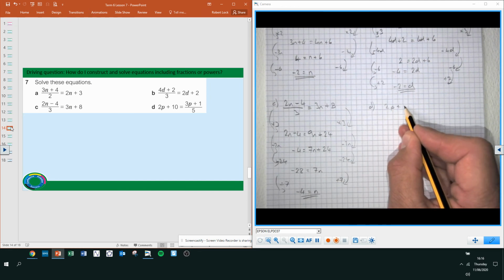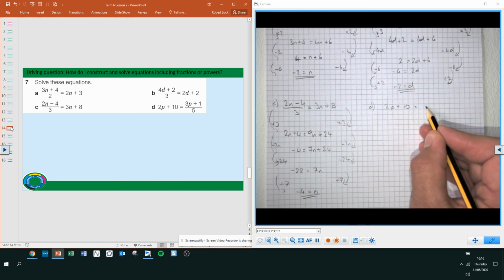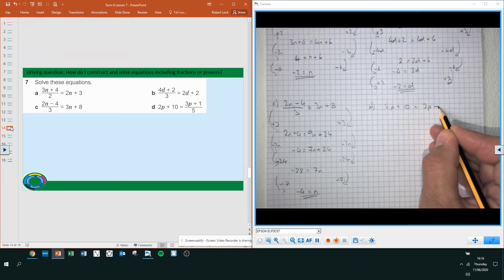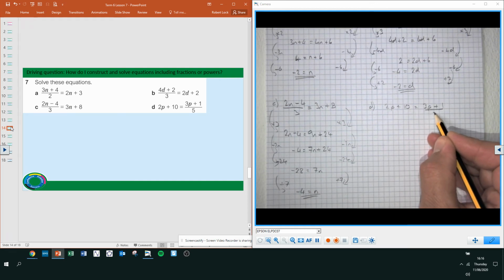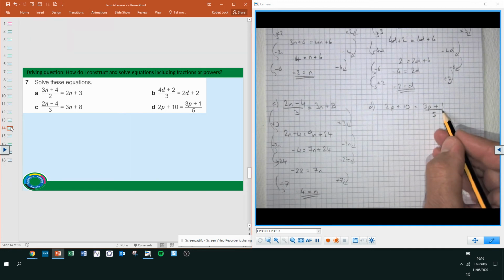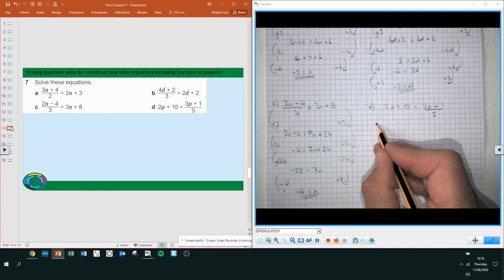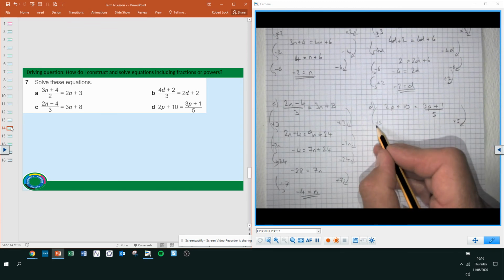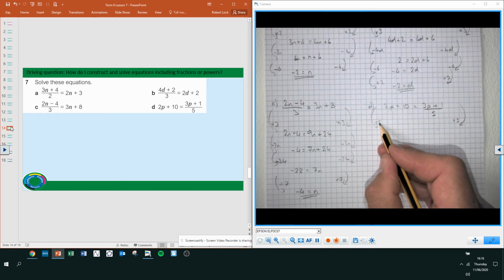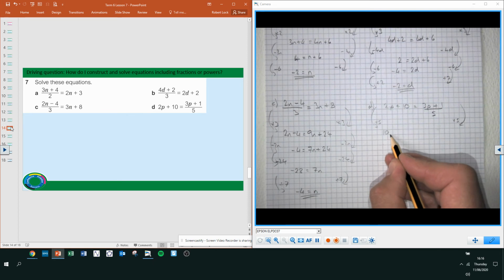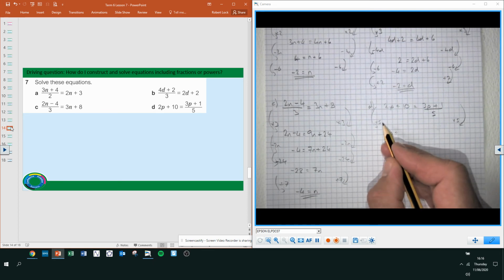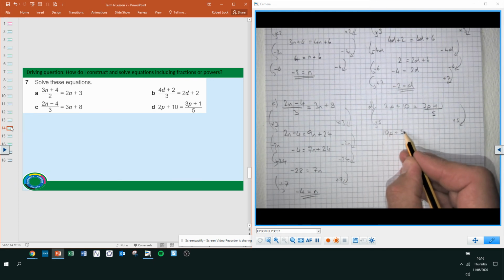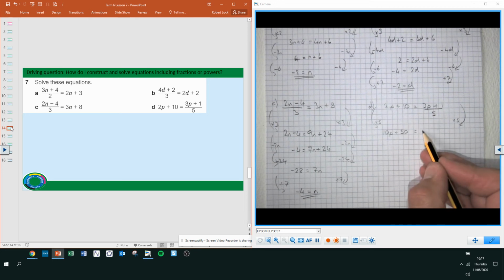2p plus 10 equals 3p plus 1 over 5. To get rid of divide by 5, we times everything by 5, times by 5 on both sides. So 2p times by 5 is 10p, plus 5 times 10 is 50, equals, times this by 5, we end up with 3p plus 1.